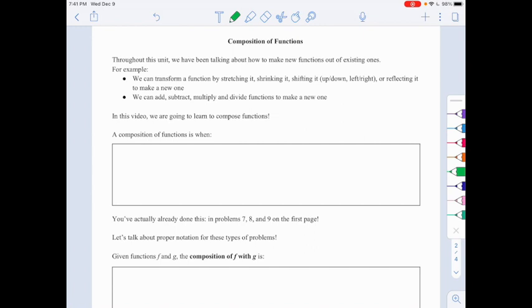In this video, we are going to talk about something called composition of functions. Well, what is composition of functions? Composition of functions is when we combine two or more, typically just two, but two or more functions to create a new one.